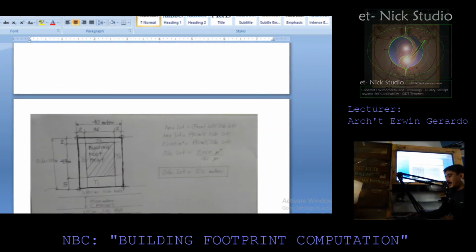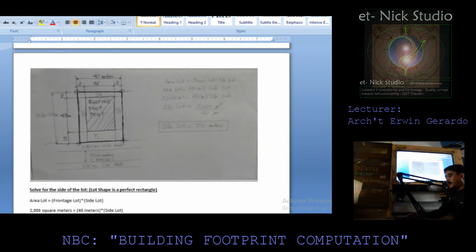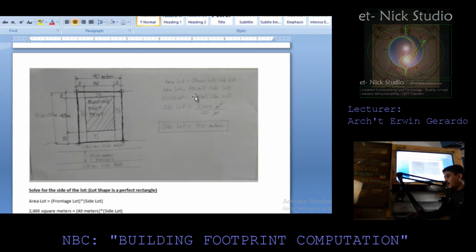So let me show here the sketch plan of the lot. So take note, the frontage of the lot is 40 meters, having a total area of 2,000 square meters. So here, it is considered to be a rectangular lot. So area of the lot is equivalent to frontage of the lot times side of the lot. So therefore, area of the lot having 40 meters frontage of the lot, and the unknown here is the side of the lot.